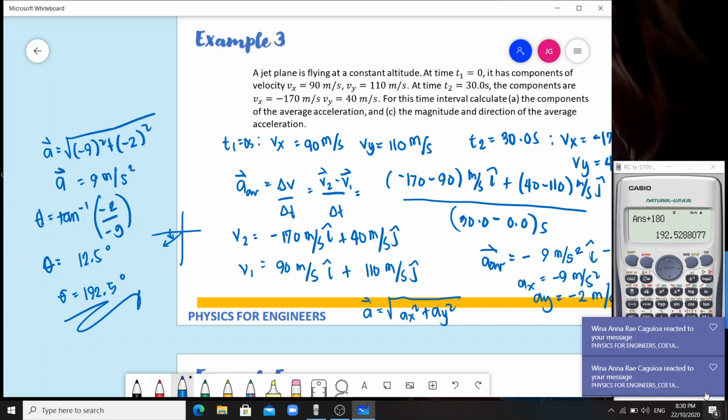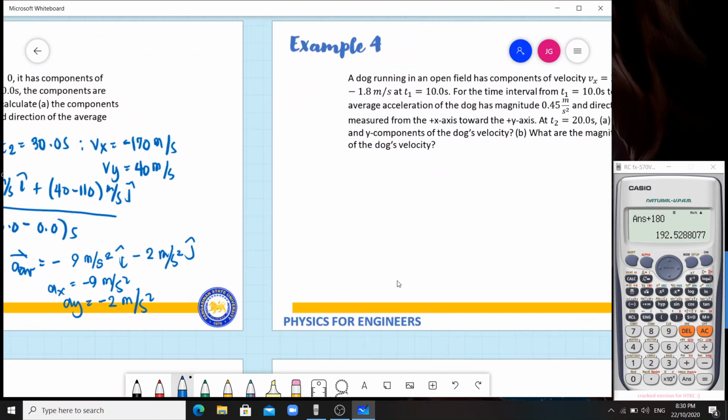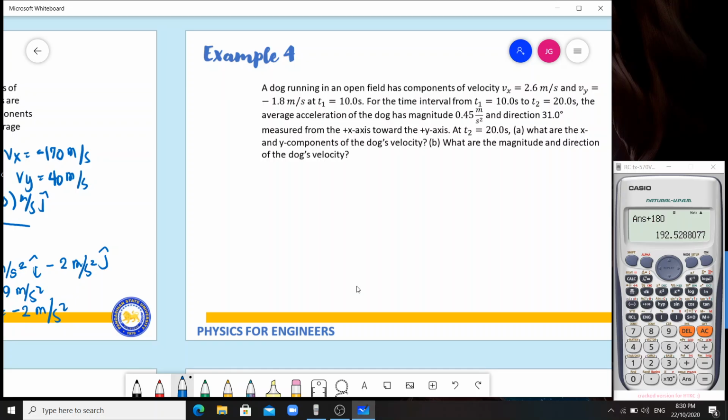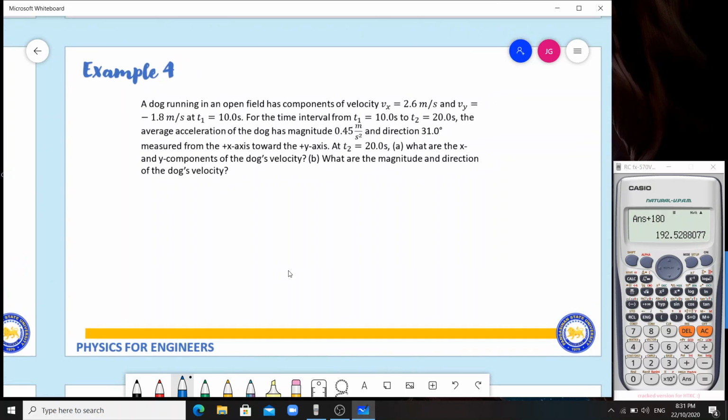So, yan. Let's proceed to the next example. A dog running in an open field has components of velocity Vx. So meron na naman tayong given na Vx, 2.6 meters per second and Vy negative 1.8 meters per second at t1 10 seconds.